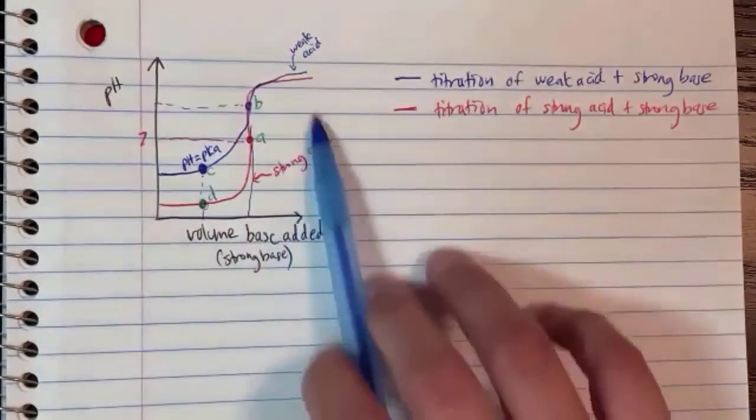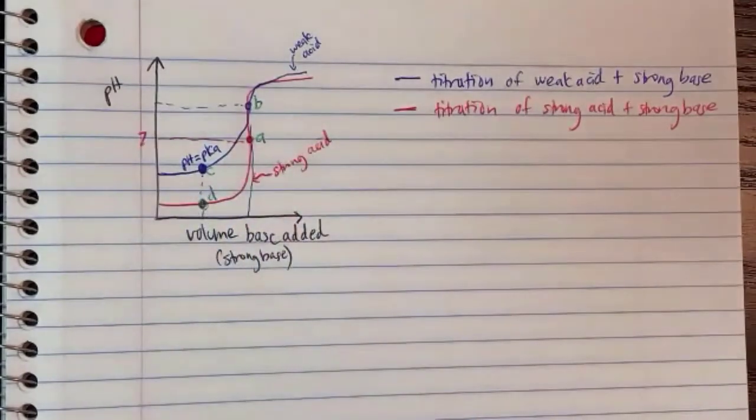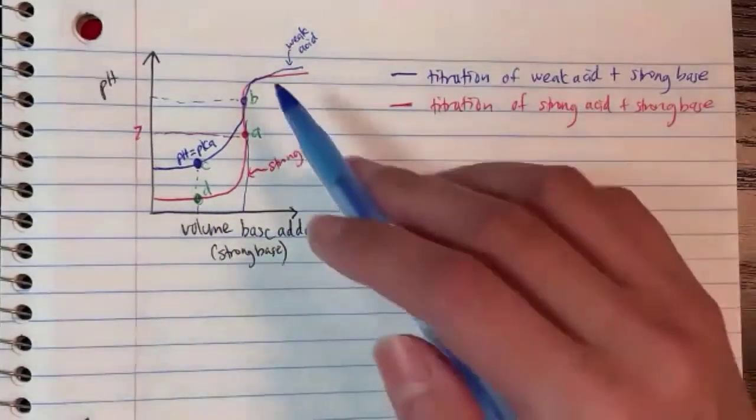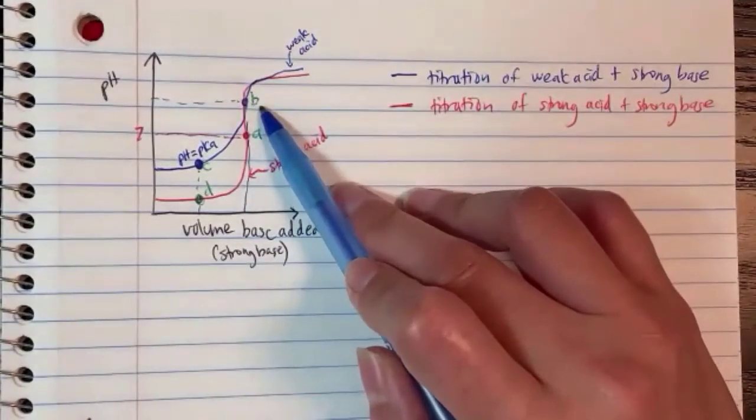They'll ask you which point is the equivalence point. They'll give you this graph here. They'll say A, B, C, or D. Which one of these is the equivalence point of a weak acid to a strong base titration? Then you'll have to say, well, based on this picture here, B is the equivalence point position of the weak acid and the strong base.